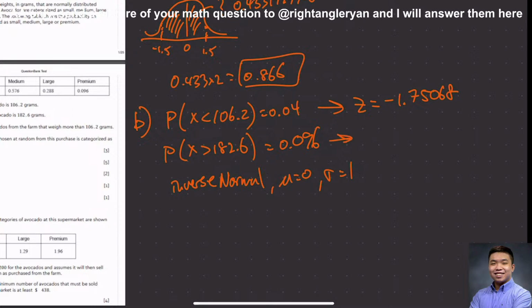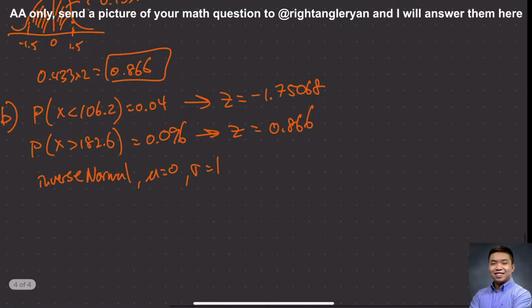And this z-score, if you put in your calculator, would give you 0.866. Now with this z-score, we can use the formula, right? So negative 1.75068 equals the x value, which is 106.2, minus mean over sigma.